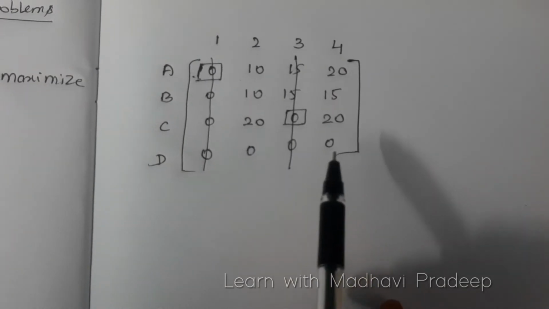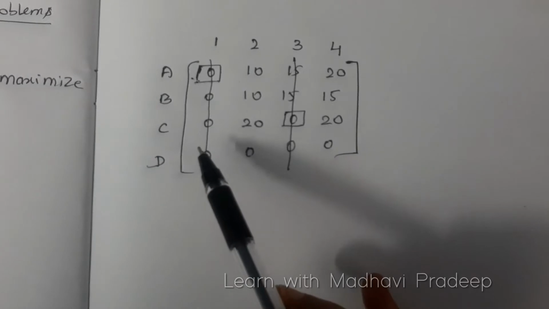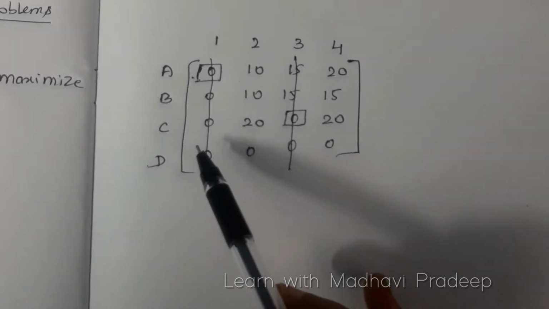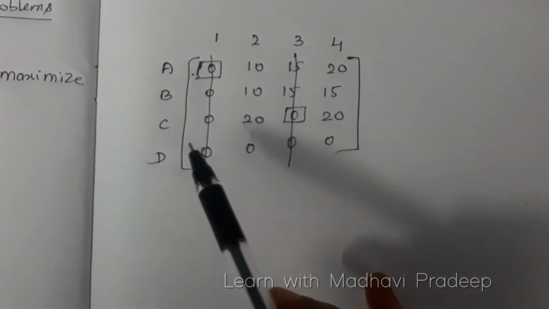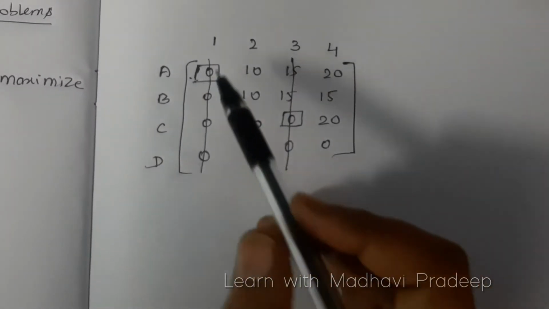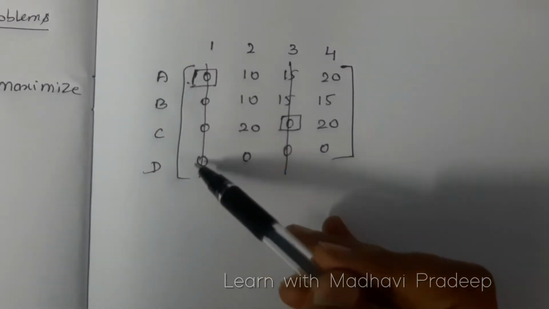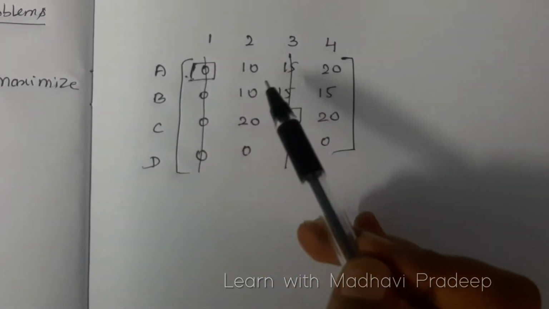Column scanning is nothing but in each column you have to check whether you have exactly 1 zero. If you find exactly 1 zero, allocate that 0 and draw a horizontal line across the row. Now let us proceed. In the first column, check whether you have any 1 zero. See, first column is already cancelled. So skip that and move on to the next column.